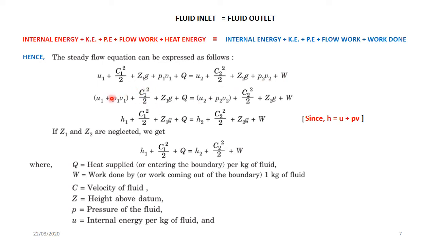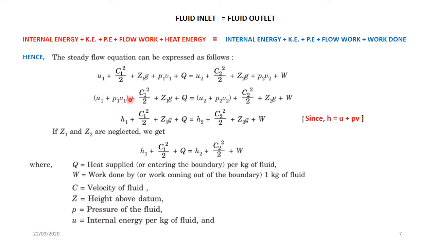Next step, for simplicity I brought P1 V1 together with U1. So I wrote U1 plus P1 V1 plus C1 square by 2 plus Z1G plus Q. Similarly, I brought U2 with P2 V2 plus C2 square by 2 plus Z2G plus W. Now U plus PV is nothing but enthalpy, correct?